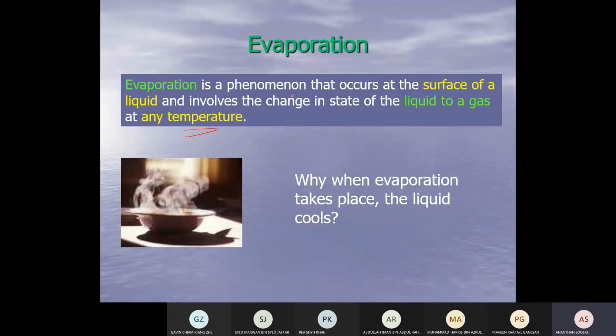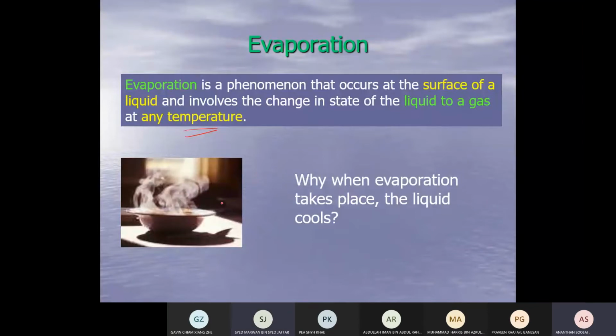Anyone can tell one similarity between evaporation and boiling? Both are conversion of liquid to gas. That's the only similarity, I think. There are other similarities, but this is the main one which makes them comparable.